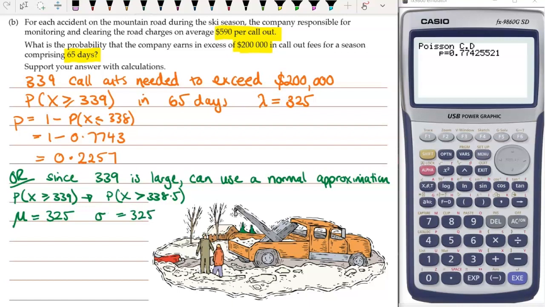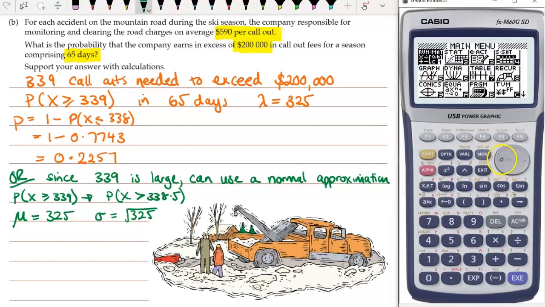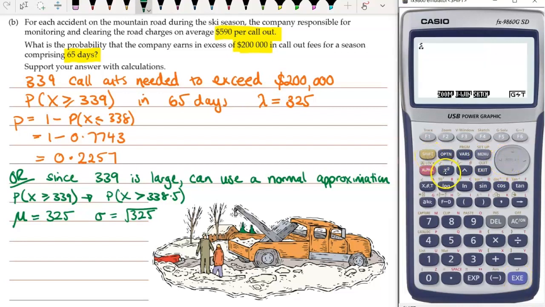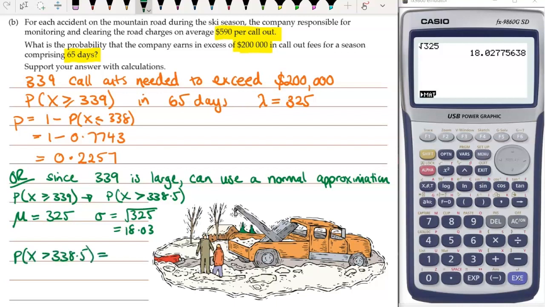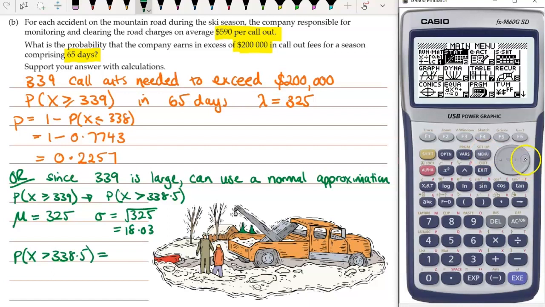So sigma is equal to the square root of 325, which is equal to 18.03.